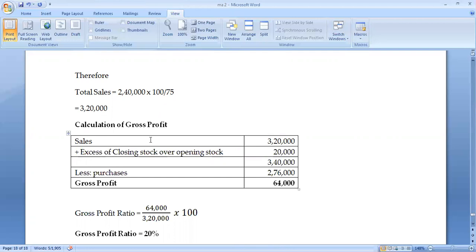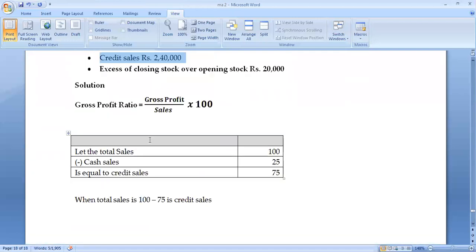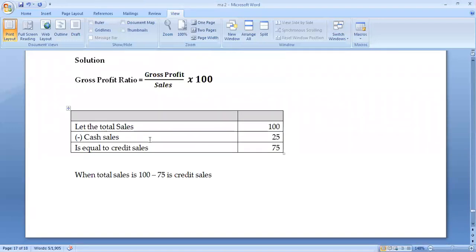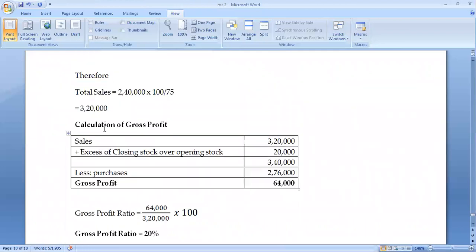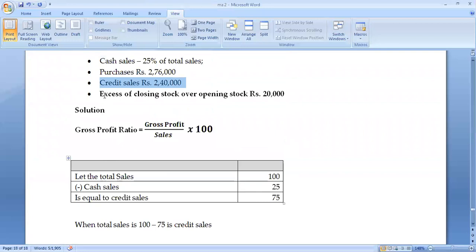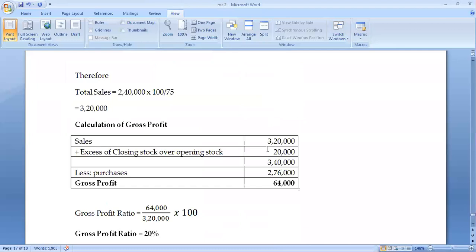So now the gross profit calculation. You have not yet computed the gross profit. Sales you have come across as 3,20,000. And there is one statement here: excess of closing stock over opening stock is rupees 20,000. So add back that information.